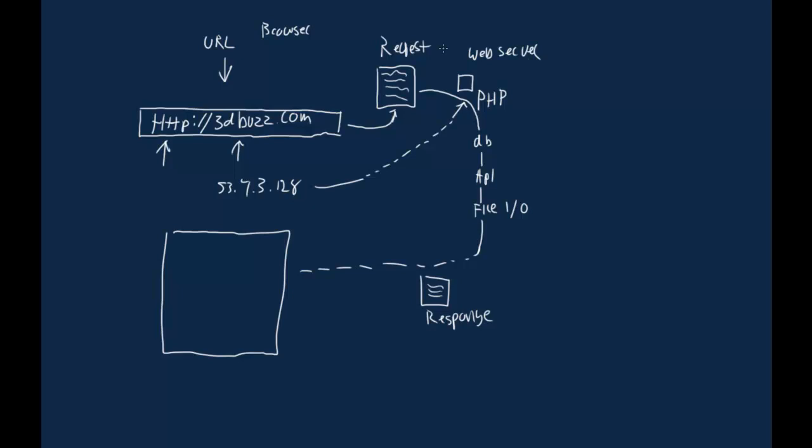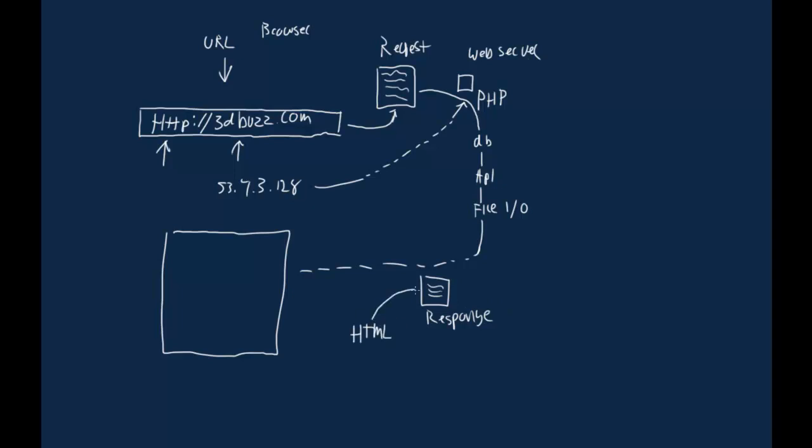So what happens is our browser sends a request to a web server. Let's say we have PHP. That PHP server might do something like reading from a database, writing to an API, reading or writing to a file. It then constructs a response. That response then gets displayed inside of our browser. Almost all of the time that we will be writing code or web pages, the response will contain HTML.